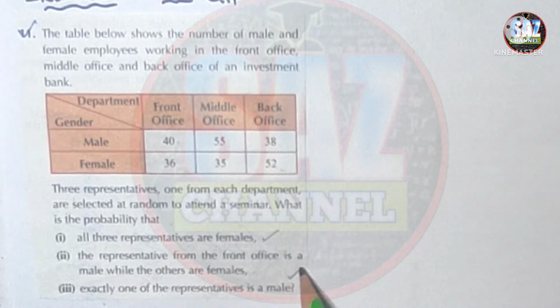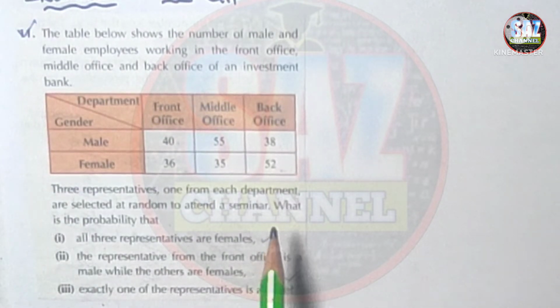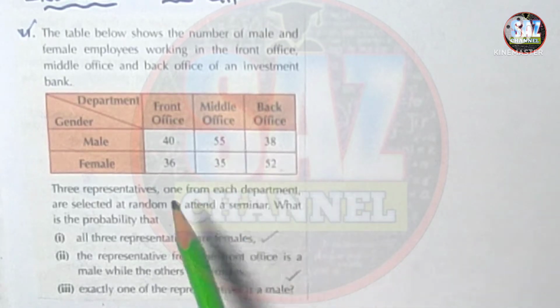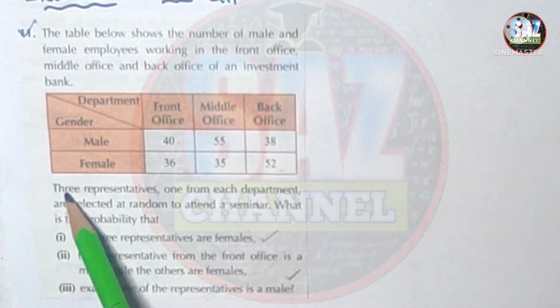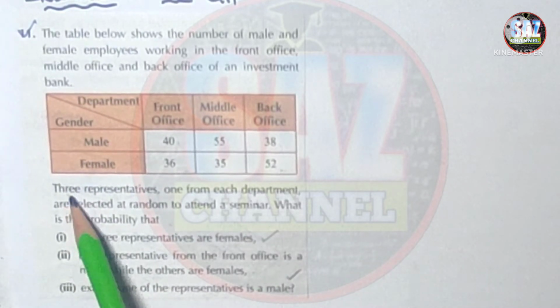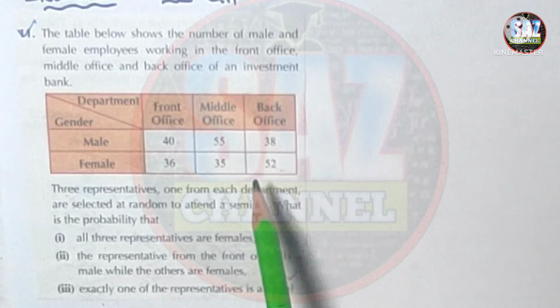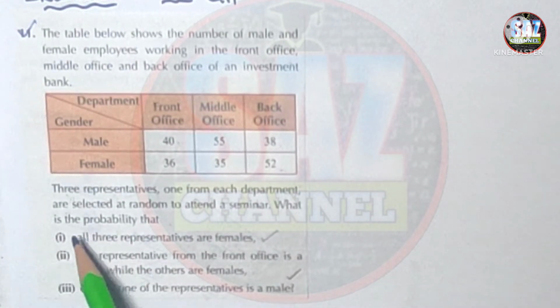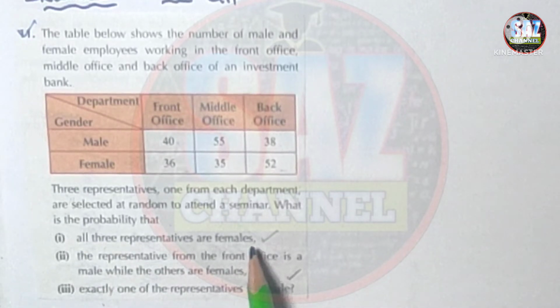Let's try to understand the question. We have to select 3 representatives from each department. In the first part, we have to select all 3 representatives who are females.